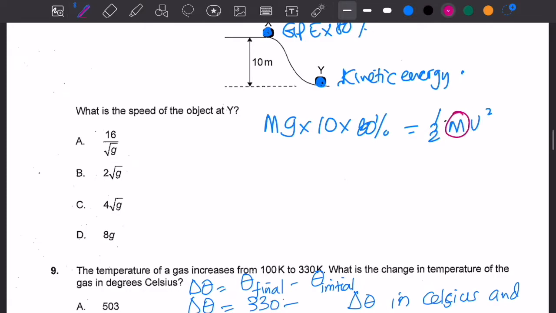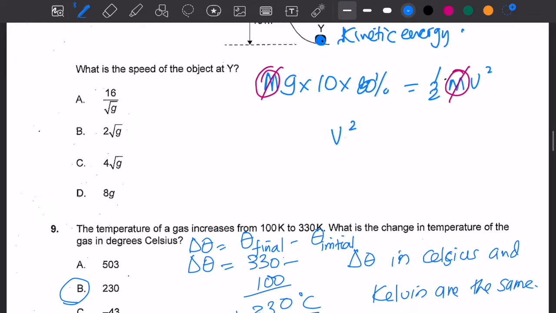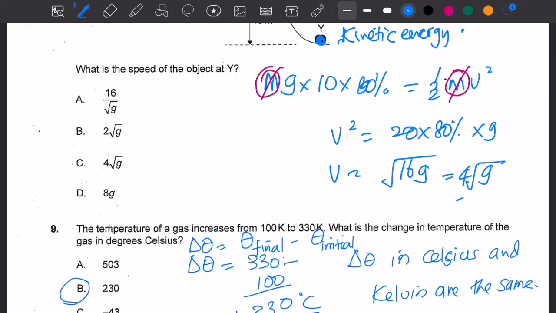Let's look, m cancels. So from there v squared equals 2 times 20 times 80% times g, right? v equals 16 square root g. From there you can get 4 square root g. So answer should be C.